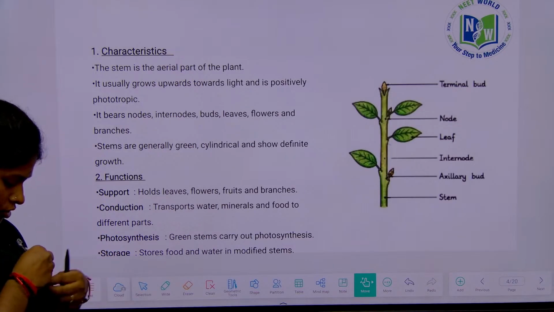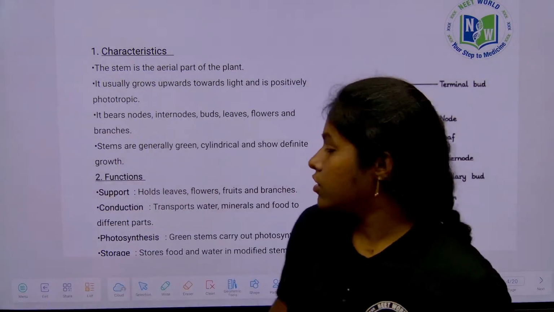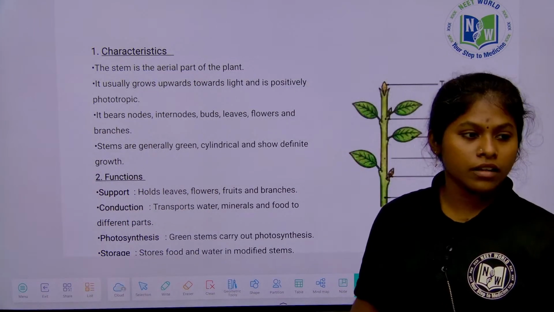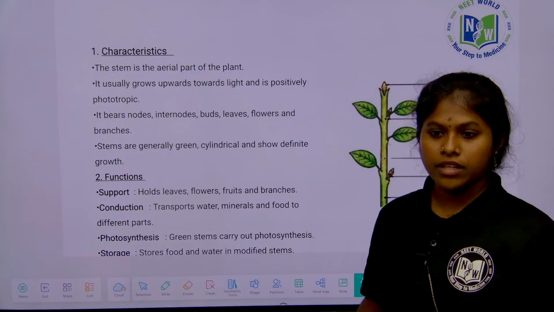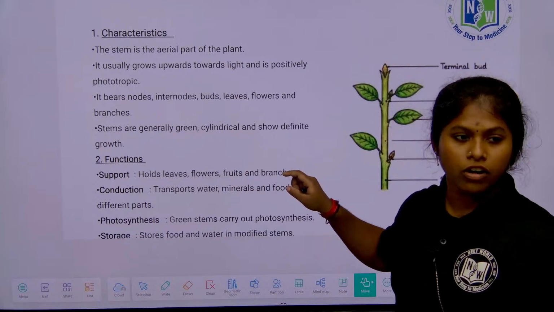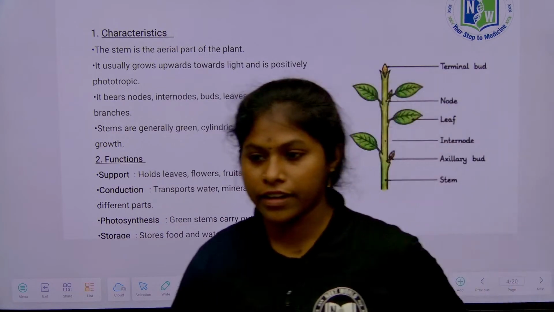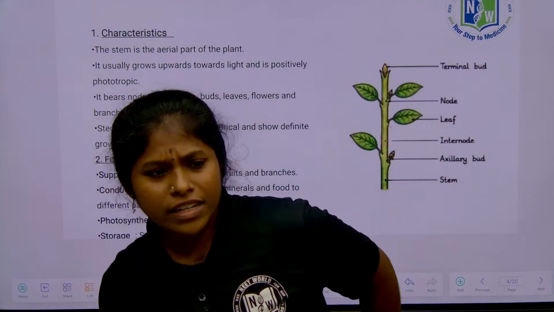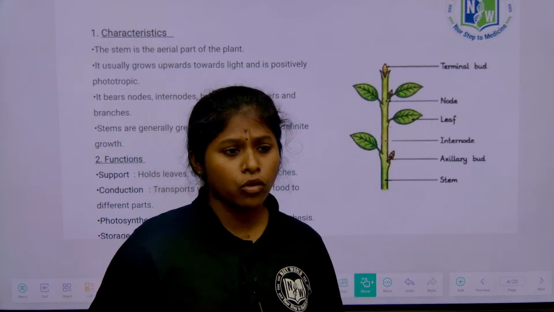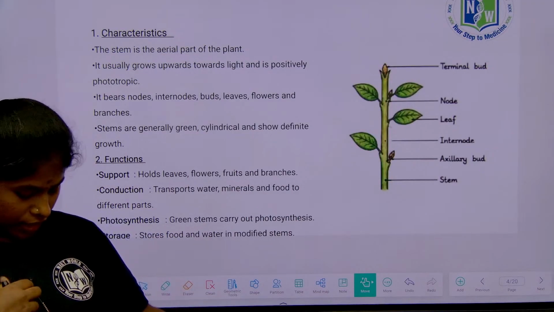The process of photosynthesis occurs in the leaves, and the leaves are present on the stem, in the shoot part only. And coming to storage, it stores food. So other than the normal function, if the stem is modifying for the storage of food or for any other reasons like support, those are nothing but stem modifications.